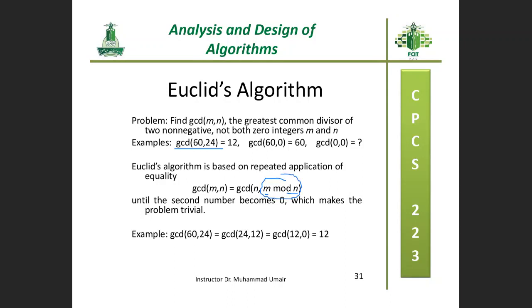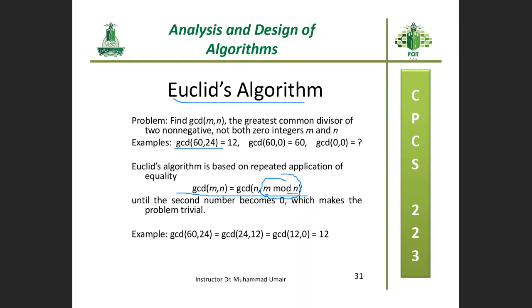So this is a recursive definition of calculating the GCD. This is the general formula on which the Euclid algorithm is based, and in this way you can calculate GCD. You can also calculate GCD, for example, with prime factorization and many other ways.